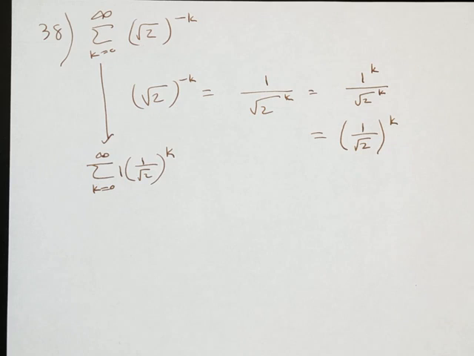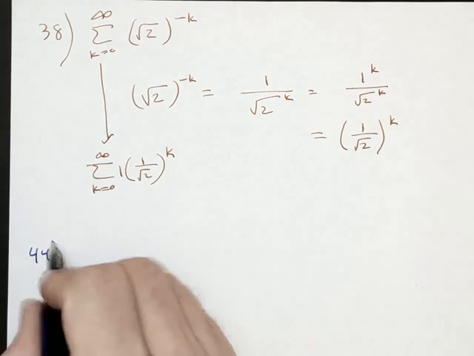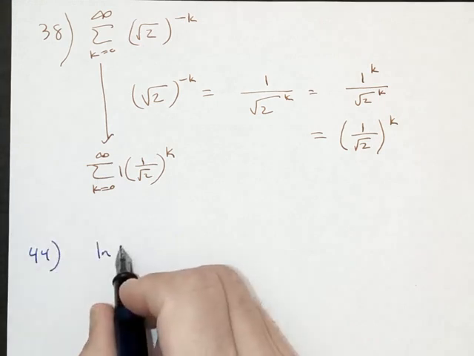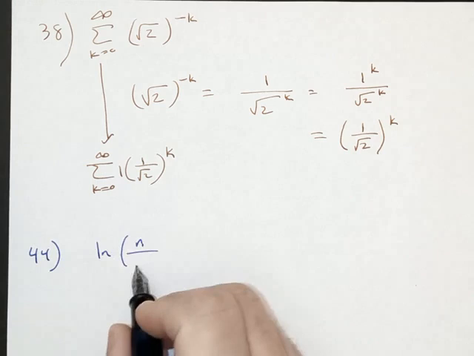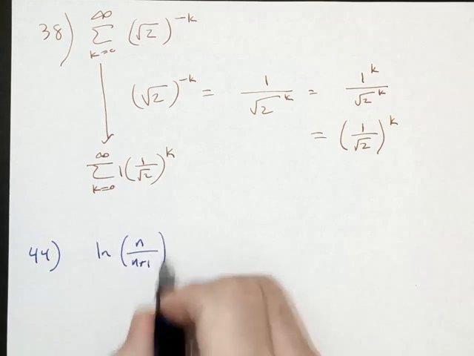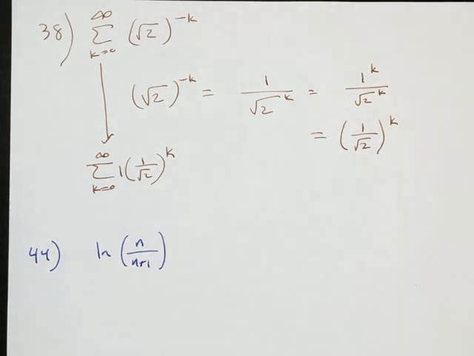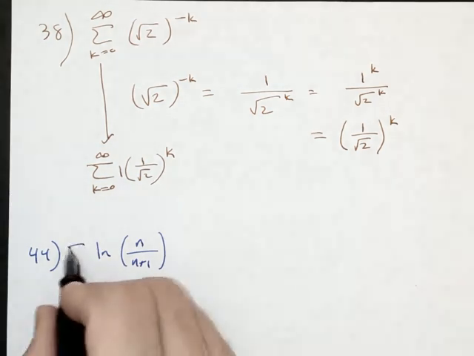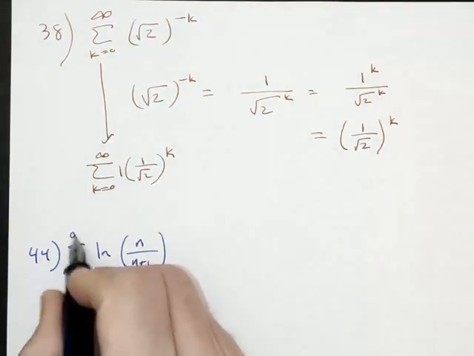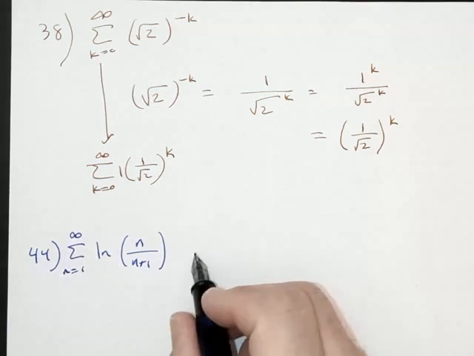More questions? Yes, Leo. So 11 to 44. For this one, I thought it would be best to break this up as ln of n minus ln of n plus 1.